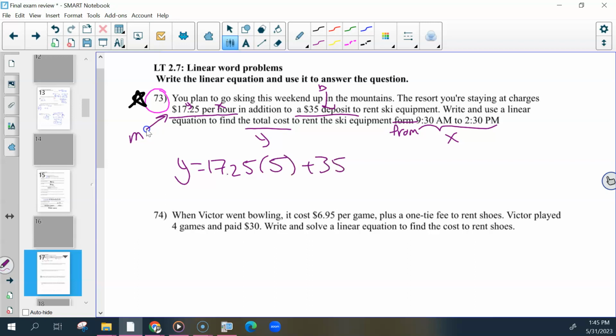And then we would multiply and add that all together and see what that is. 121.25. So that would be the total for everything.